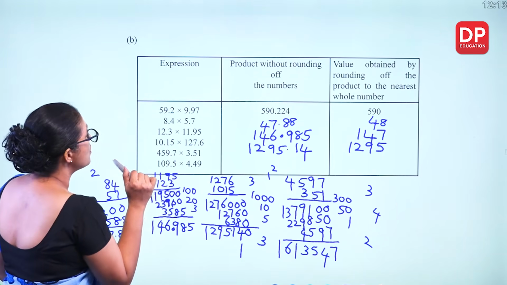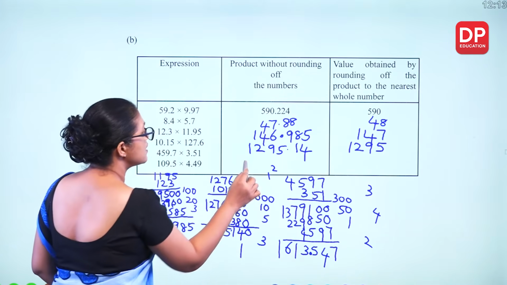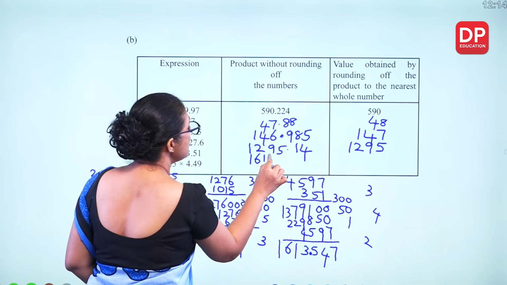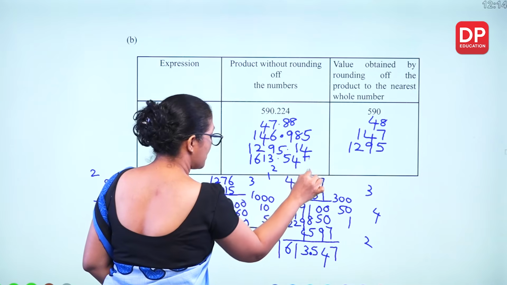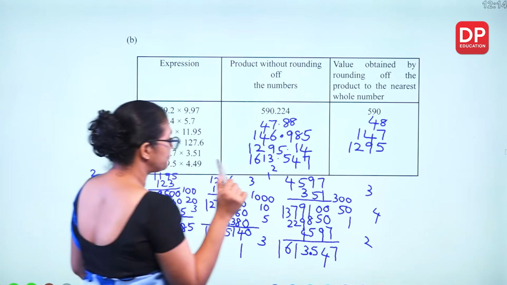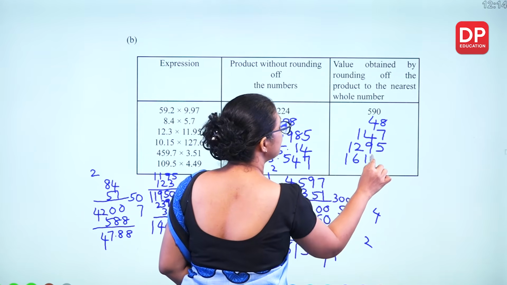So when you take 3 decimal places, you get 1613.547. Correct to the whole number, you get 1614.